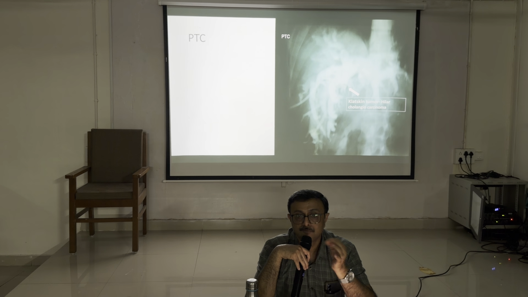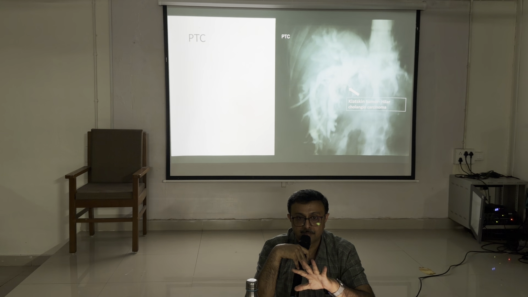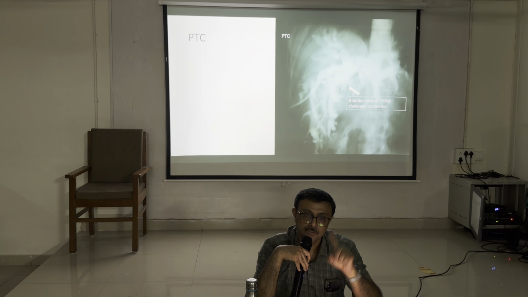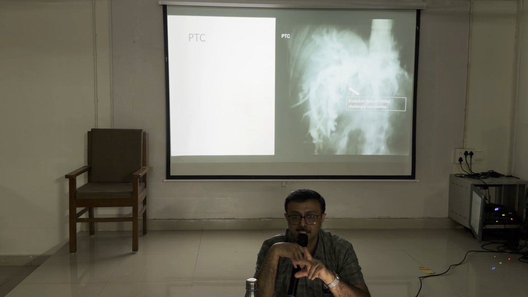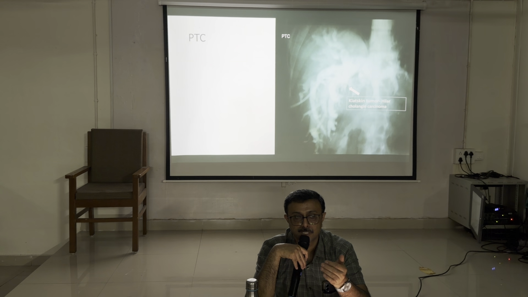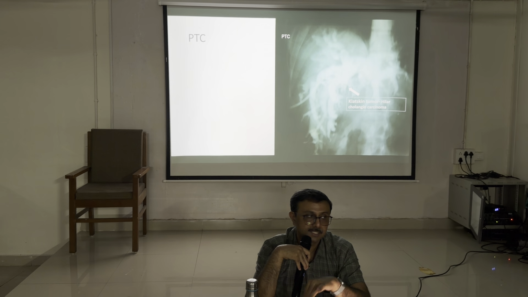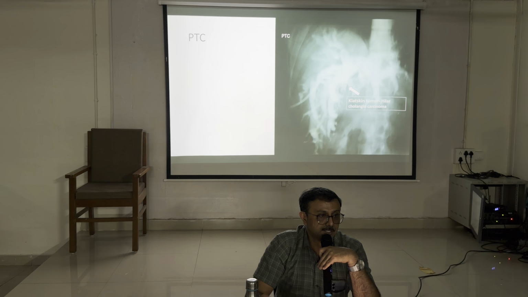Biliary drainage means we place a stent, if possible. But sometimes it is not possible to cannulate, so we put the drain from the duct to outside. That is external drainage. Internal drainage is stent placement. External drainage is brought out to the skin, and bile is drained outside. So PTBD can be internal or external.